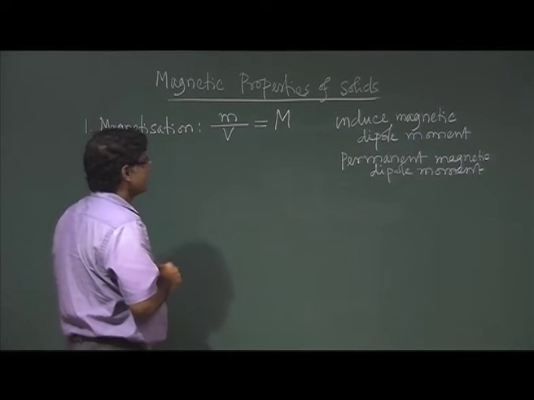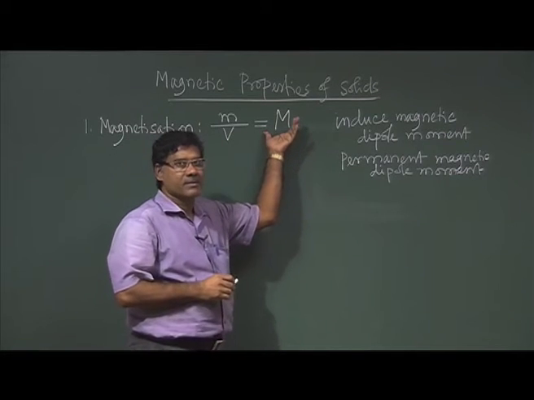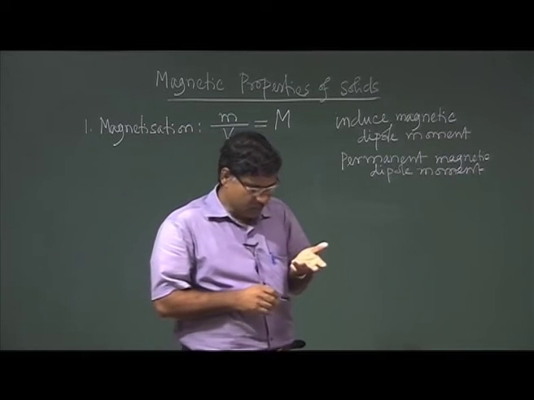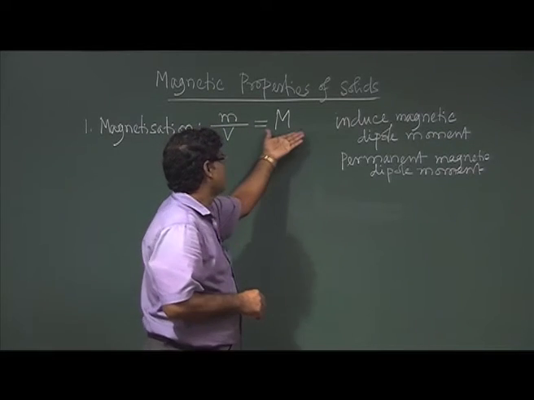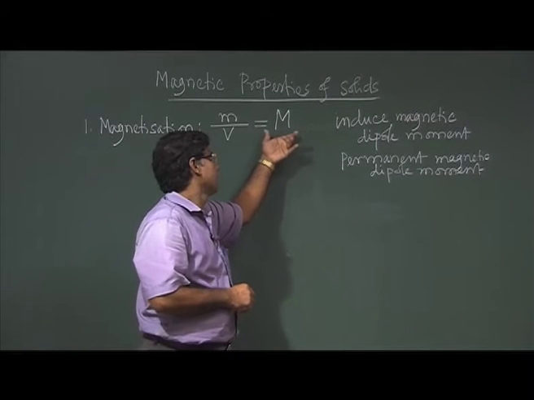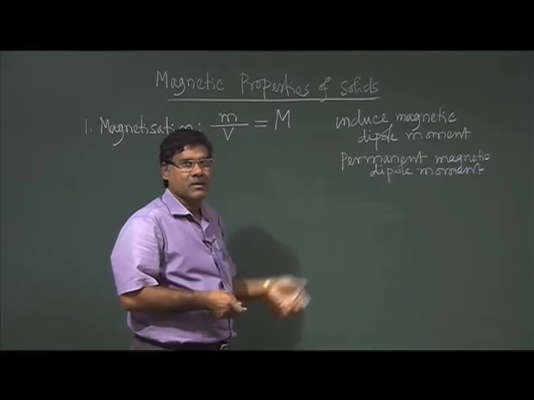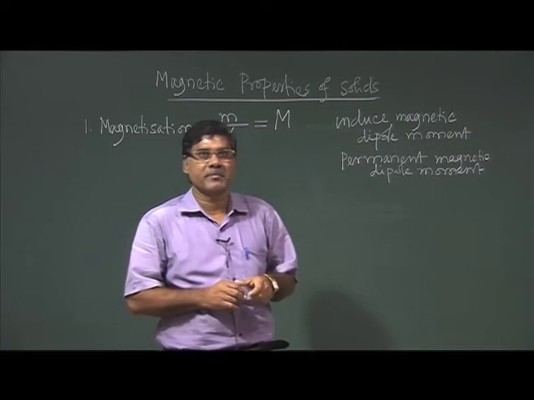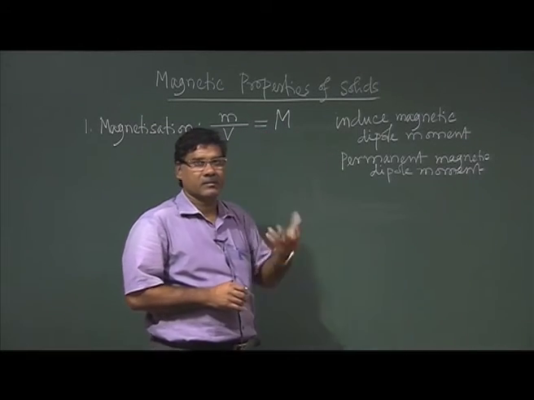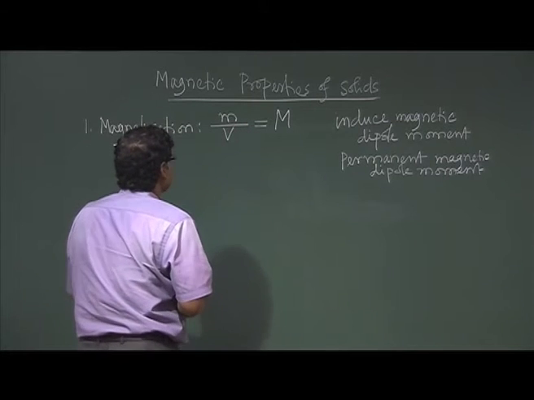So, varying the value of this magnetization as a function of magnetic field, as a function of temperature, that tells about the properties of this magnetic material, right.